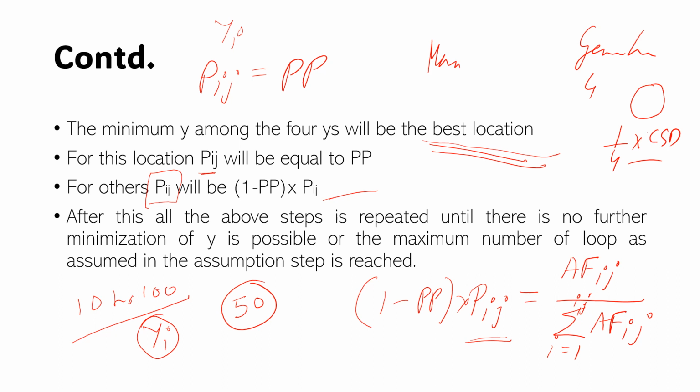As the number of loops is 50, I cannot go to 100. So suppose within this, 40 loops have been completed, but for the last 10 loops, the same y is coming as the best y. Then you stop it. Or before that, if 50 loops are completed, then also you stop it.